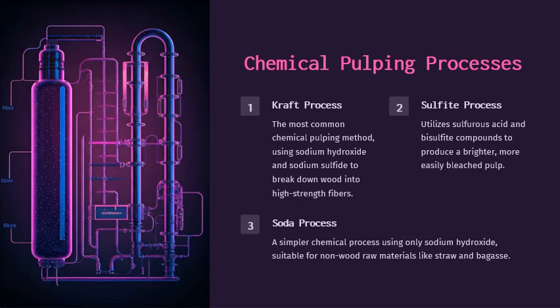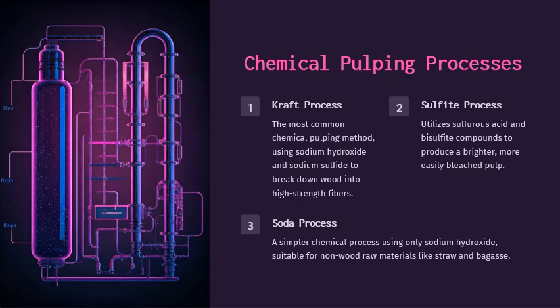Chemical pulping process. What is the chemical side of the pulping process? You have the kraft process, the most common chemical pulping method, using sodium hydroxide and sodium sulfide to break down wood into high strength fibers.